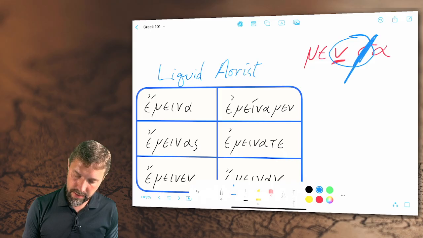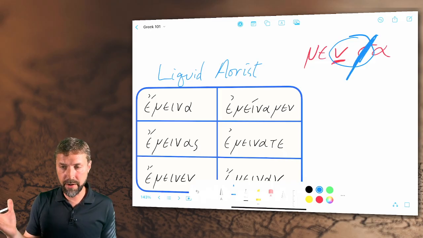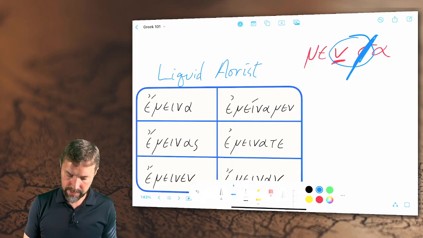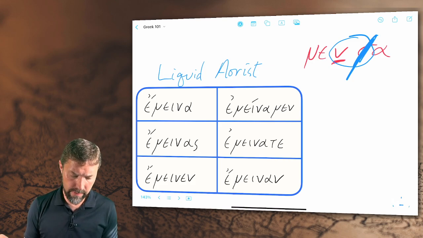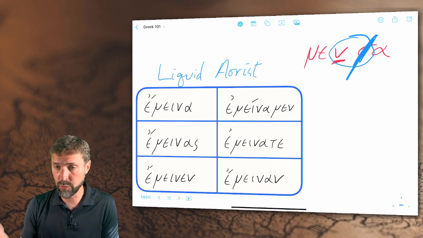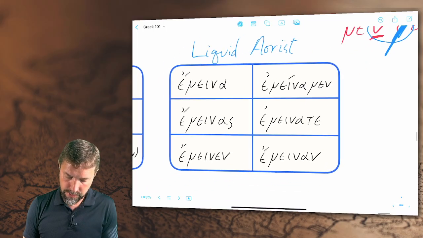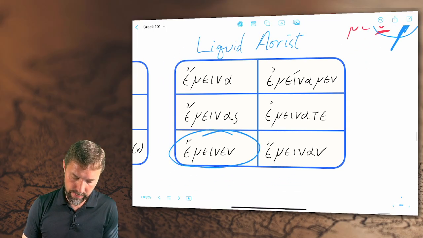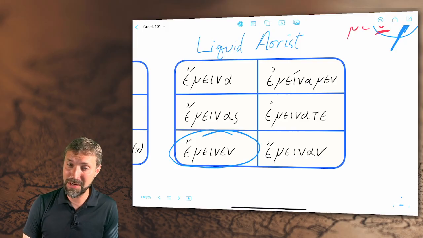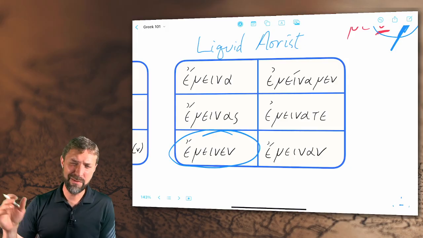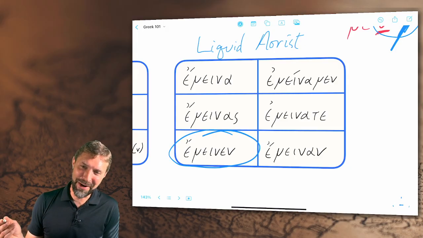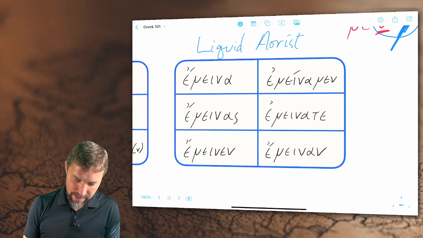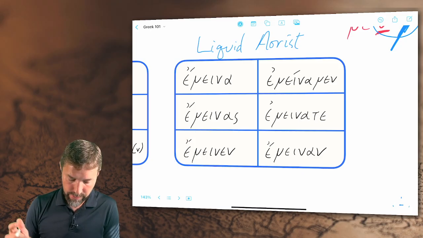The sigma will, I said earlier, vaporize. Probably cleaner to think of it as, again, sort of turning into an epsilon. But in this case, it's just that epsilon would be absorbed into the following letter. I suppose that could take you astray if right here you were imagining that epsilon combining with the epsilon ending. If you thought of that as an ending, maybe it could create a conflict. This is one of those points where language is not math. But in any case, the sigma has more or less vaporized.